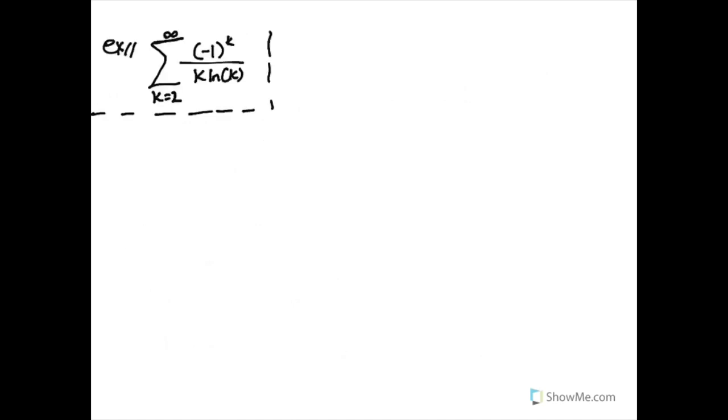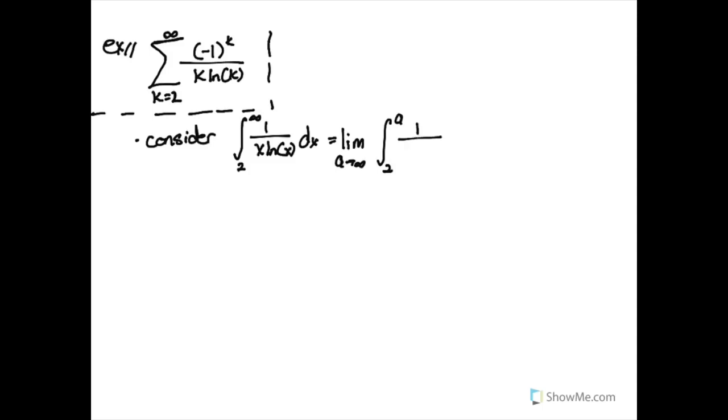Right, so let's do that. So we need to consider the integral of 1 over x ln x dx from x equals 2 to infinity. Right? This is equal to the limit, by definition, as a goes to infinity of the integral from 2 to a of 1 over x ln x. Right? And if you remember from the integration unit, we can find the antiderivative of this using the substitution u equals ln x.